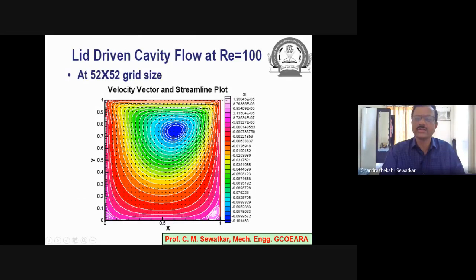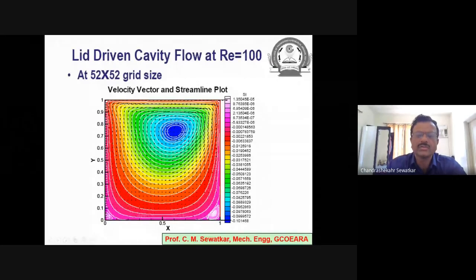Here I am sharing results obtained for Reynolds number equal to 100, the velocity vector and streamline plot. We know the equation of the streamline in terms of u and v velocity, and we also know the expression for determining the velocity magnitude. The velocity magnitude can be determined by taking the root of u square plus v square.